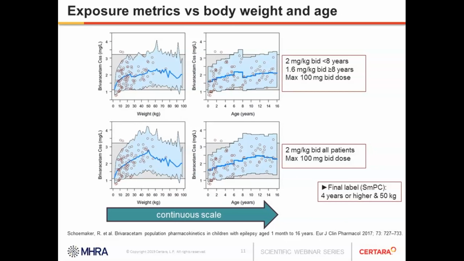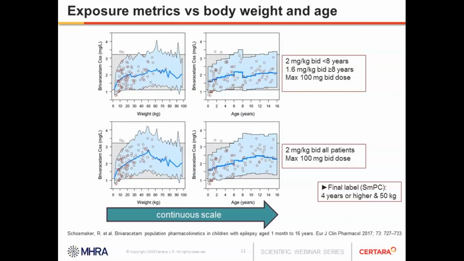Here, for instance, it's shown as the steady state concentration, but it could be AUC or it could be Cmax. This example clearly shows that for the bottom graphs, the 2 milligram per kilogram dosing for all patients leads to higher exposures, especially for patients in the range of approximately 30 to 50 kilograms, but also for patients who are above the age of 8.